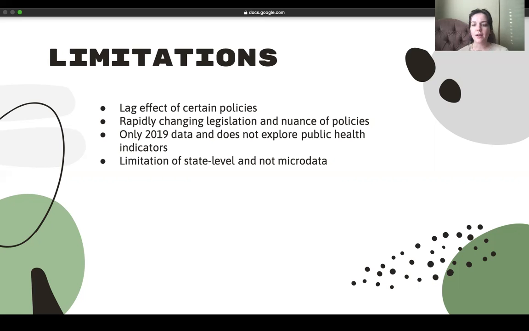And also, all of my data is on a state level basis, not micro data. Like with the Ohio study, they were recognizing which counties the abortion rates affected, and also if there's a clinic closure, how that affects the women in the area and the delayed health. But since I'm just doing state level data, I don't have that information.